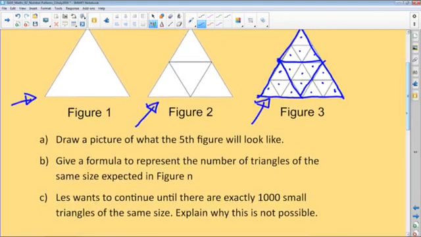Okay, the questions say, A, draw a picture of what the 5th figure will look like. Sure, that'll be interesting. And B, give a formula to represent the number of triangles of the same size expected in figure N. Now, figure N is another way of saying the general term.